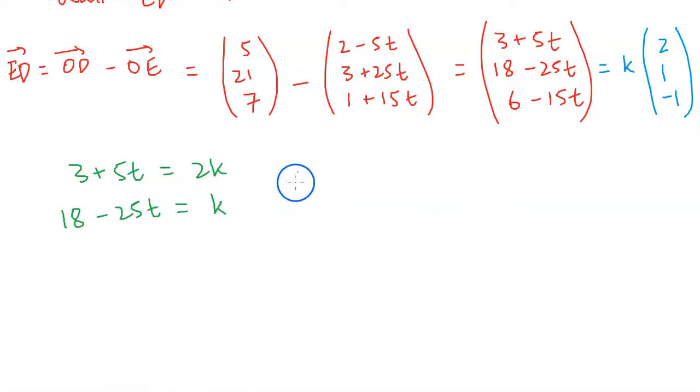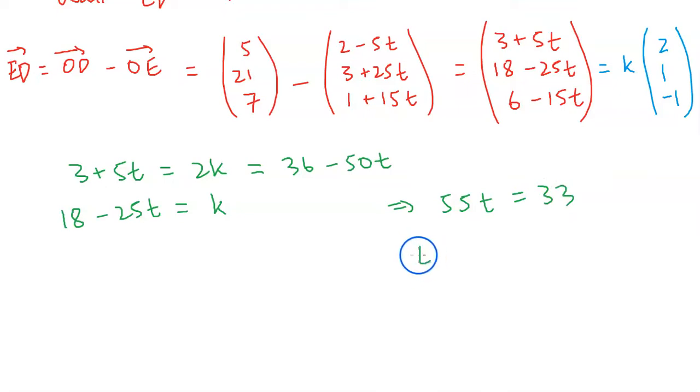Okay, so then that means that 2k is actually equal to 36 minus 50t, and so we get that 55t is equal to 33, and so it must be the case that t is equal to 33 over 55, which I believe is the same as 3 over 11. No, that's not right. 3 over 5.